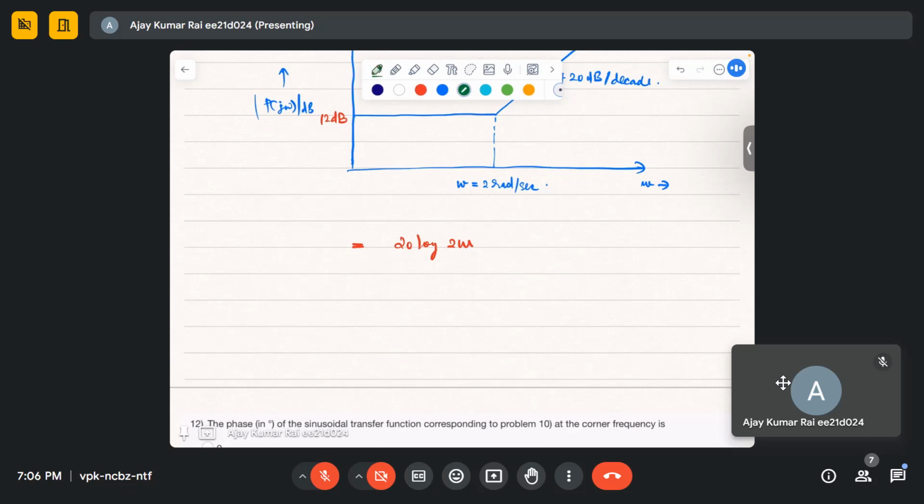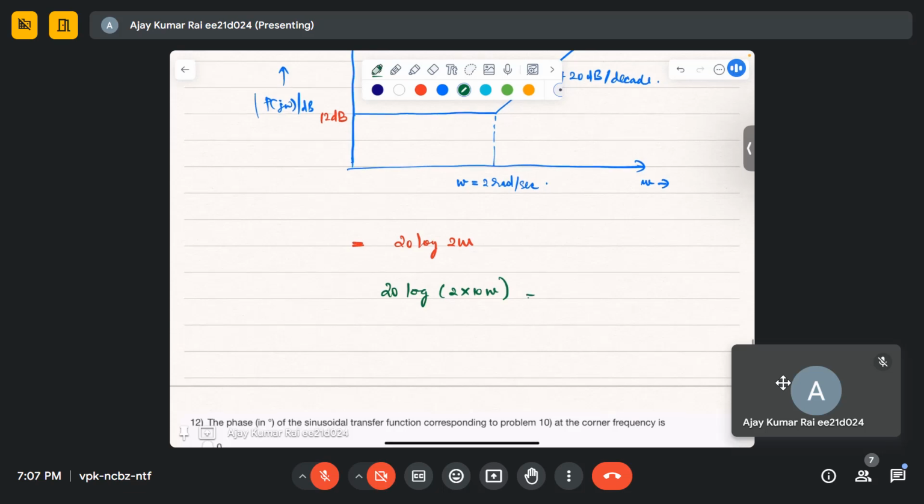Let's find the magnitude at 2 into 10 omega, 10 times more. You will get 20 log of 10 plus 20 log of 2 omega. Log of 10 is 1, so 20 plus 20 log of 2 omega. Just compare these two values.